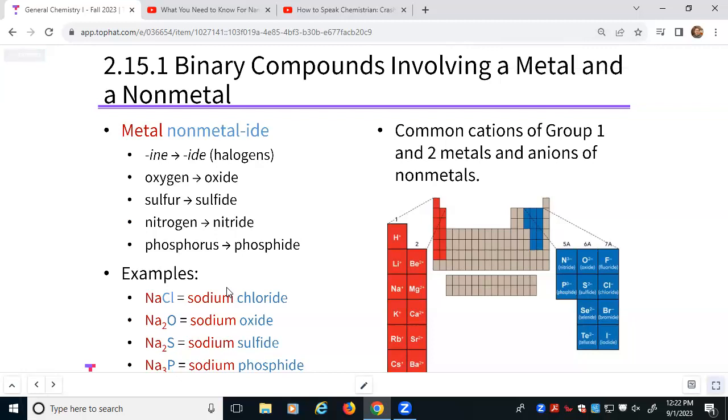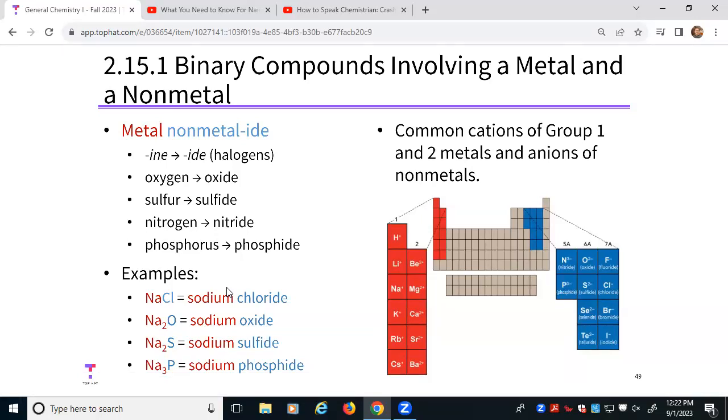When we are talking about simple ionic compounds, we call these simple compounds binary, and we call them binary because they contain two elements. One element is a metal, the other element is a non-metal. For these binary compounds, the naming structure is simple.